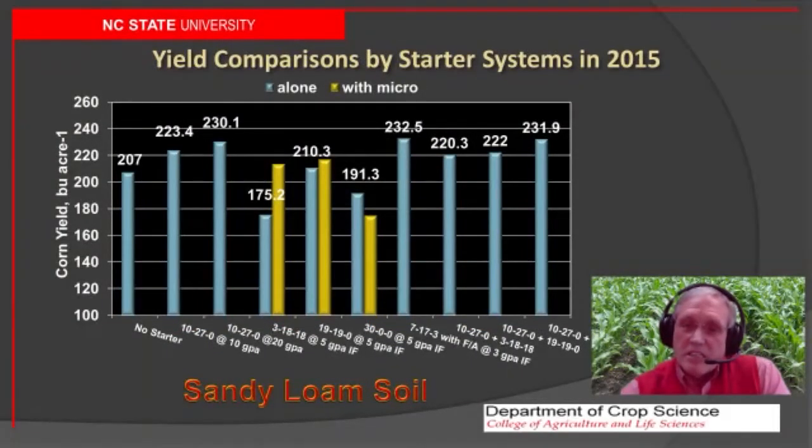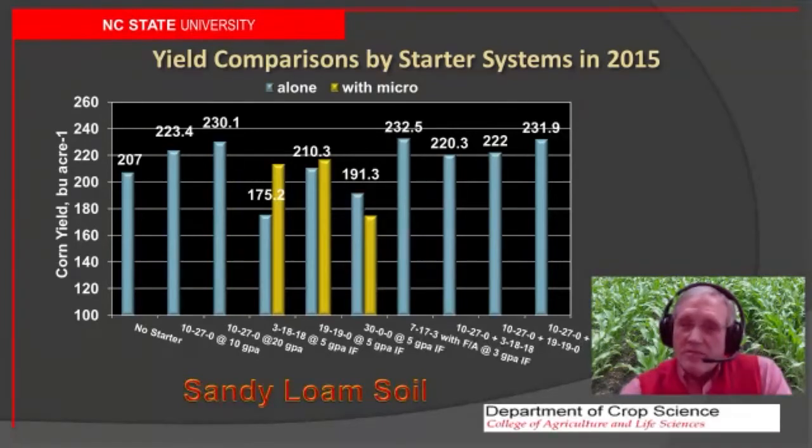Here's some comparisons of some different ratios. This was on the sandy soil, similar trial that I showed you on the organic soil earlier on, again in 2015. You see we got a lot bigger yield bump here, didn't we? So here we had the 10-27 work pretty well. These were in-furrow applications on the sandy soil, we obviously got salt injury, didn't we?